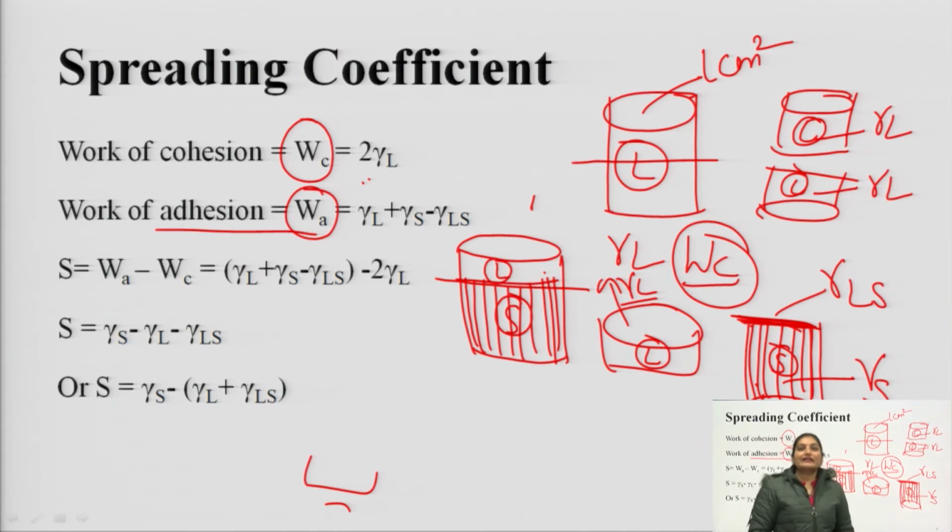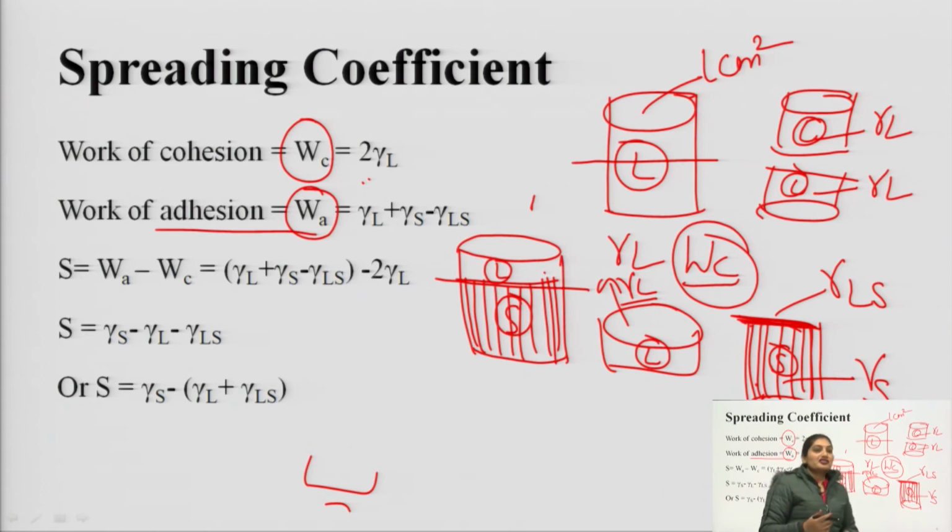So, as per the definition, what is spreading coefficient? It is the difference between the work of adhesion and the work of cohesion. Okay. When the adhesive forces are more, then there will be spreading, and the spreading coefficient will be positive.